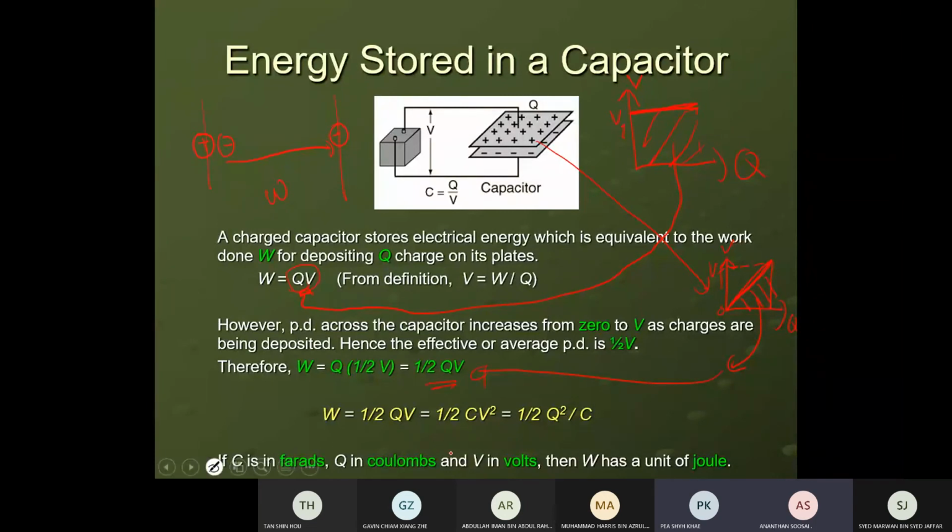Half QE. The PD across the capacitor increases from 0 to V as charges are being deposited, hence the effective average PD is half V. Therefore, the energy stored in the capacitor is half QE. The battery releases QE, but the capacitor stores half QE.